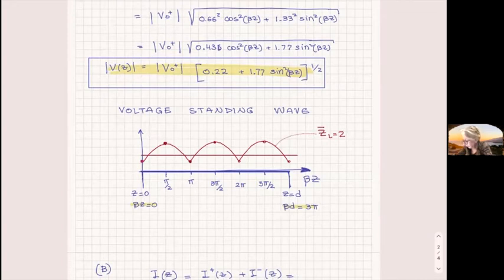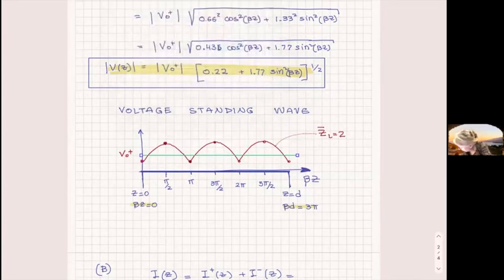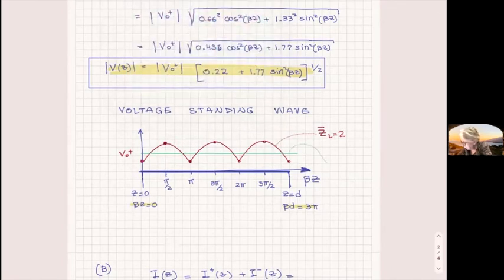And it would be equivalent to the value of V naught plus practically. Which I don't know now because we don't know anything about the source, but it would have been this, and that. Let me make it green rather, and then say here that this would have been the voltage standing wave for Z sub L normalized to be 1.